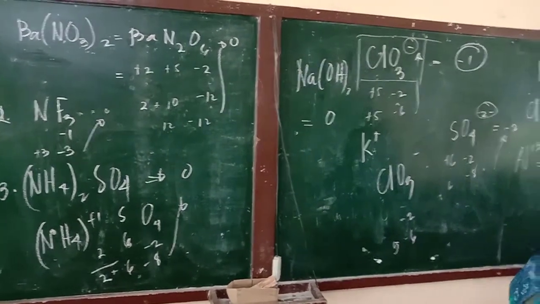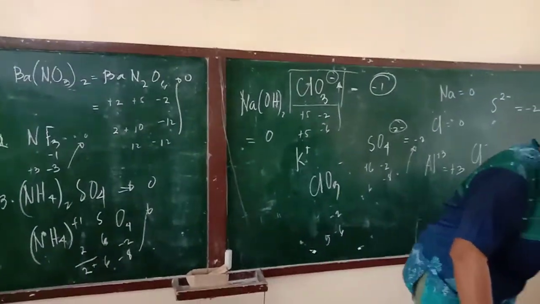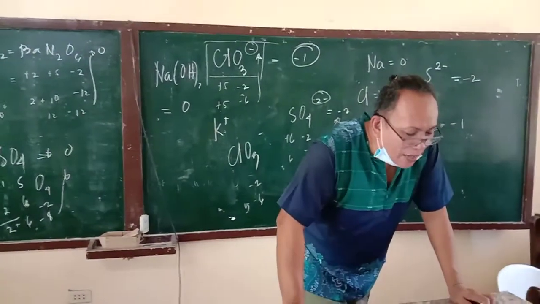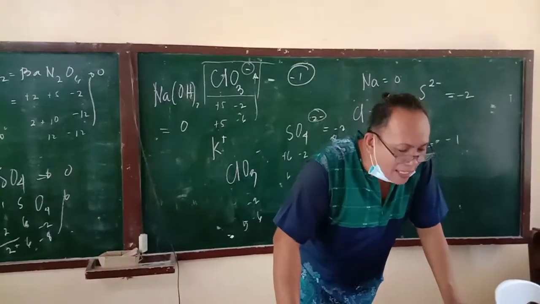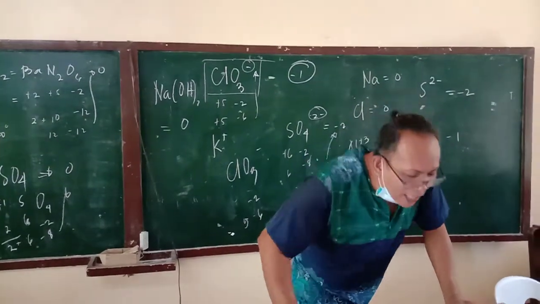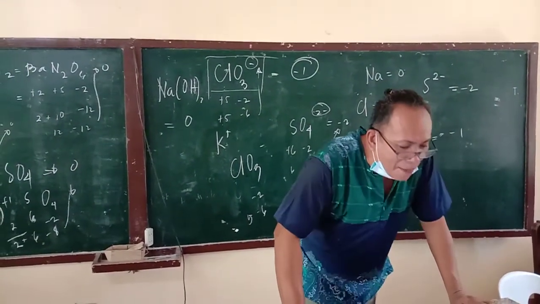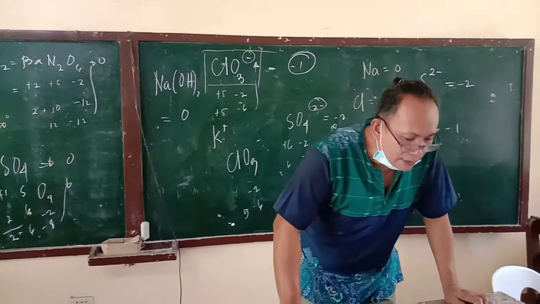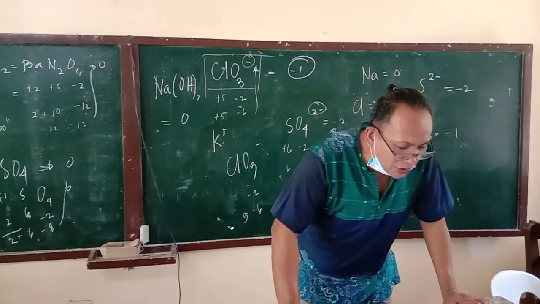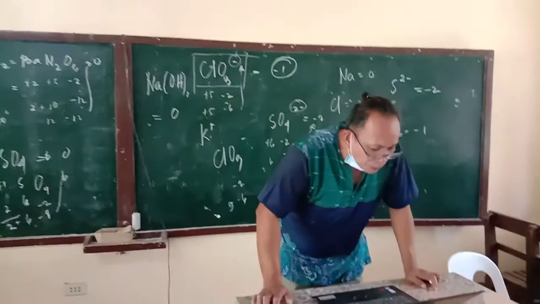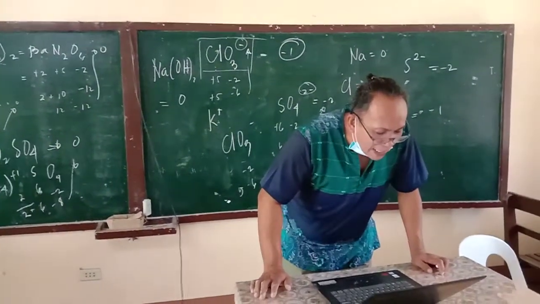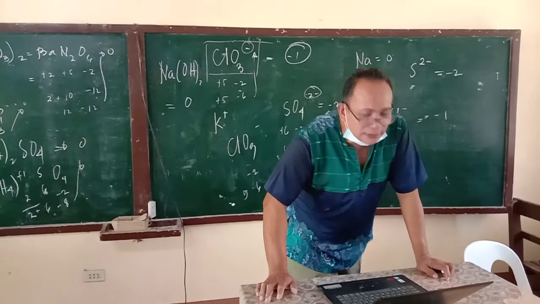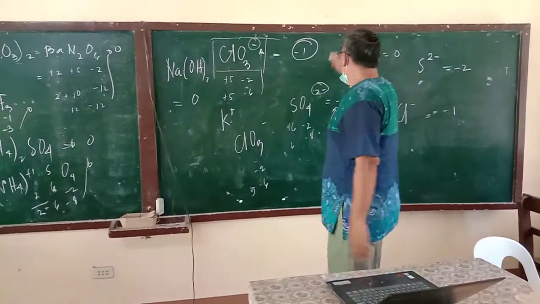So, inyong activities. Cl2. So, what is the oxidation number of Cl? Elements and oxidation number. Cl2, automatic 0.